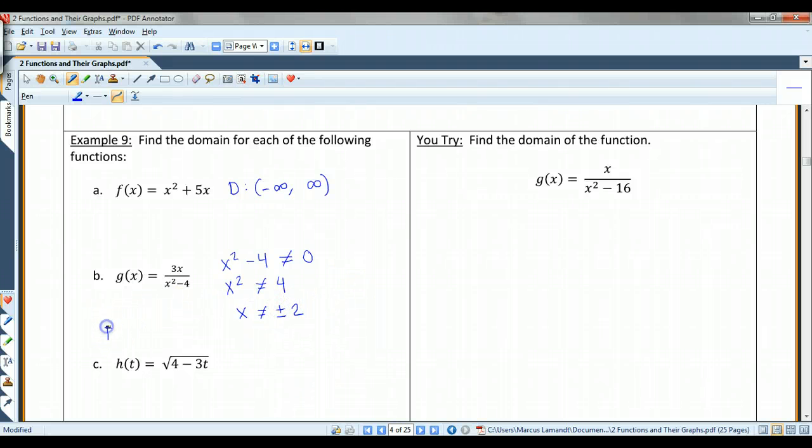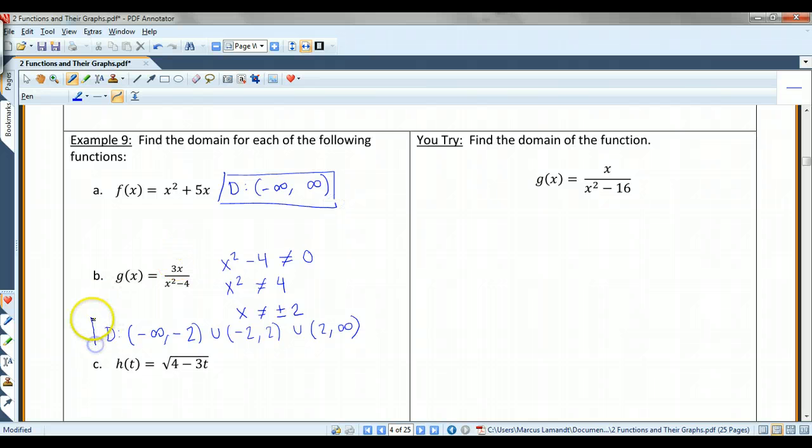So here the domain is from negative infinity to negative 2, and from negative 2 to 2, and from 2 to positive infinity. Now I'll box these. There we go.